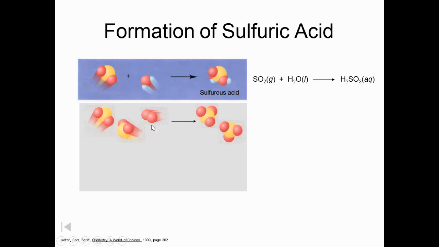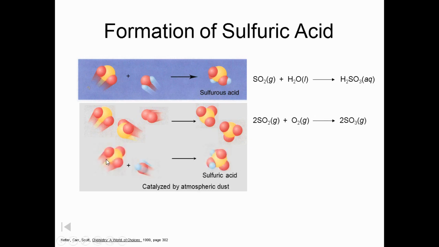Now, what can also happen is two sulfur dioxide molecules and an oxygen can collide and make two SO3 molecules. Then the SO3 can collide with a water, and this will make sulfuric acid.